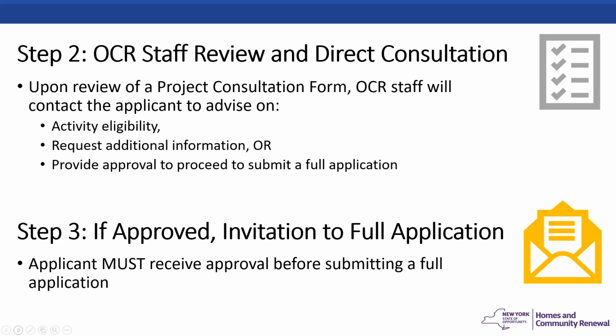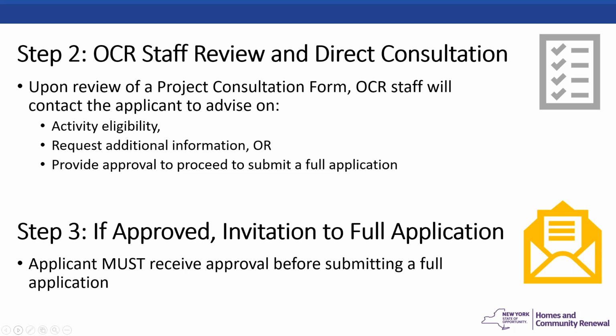Step 3 is to actually submit that full application once we've given approval. And just for transparency's sake, all of those materials are available right on our website. The opportunity to see the full application is not gated behind anything. It's all right there. You can take a look at what you're getting into before you fill it out.